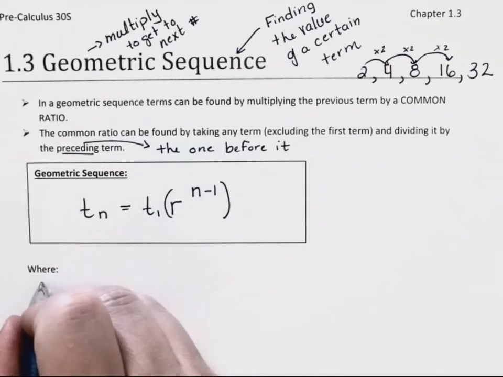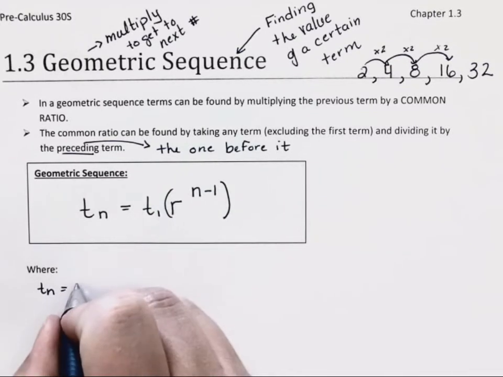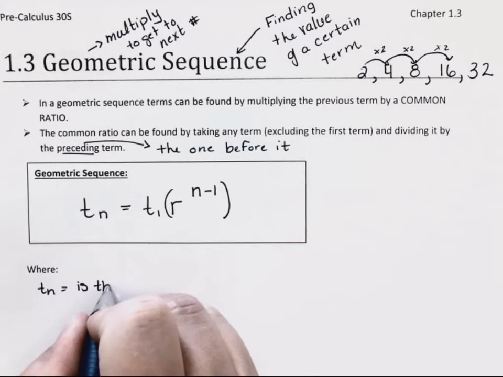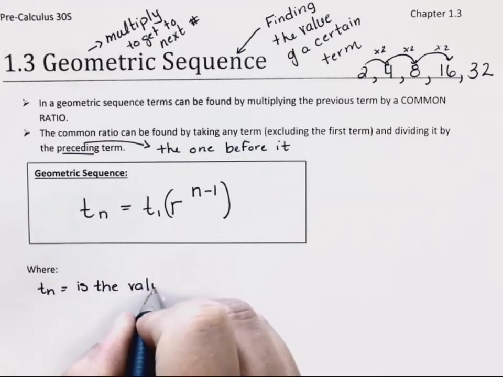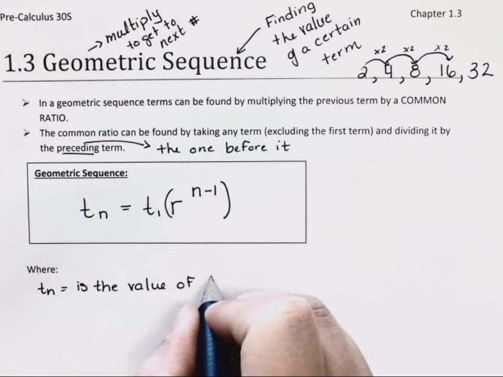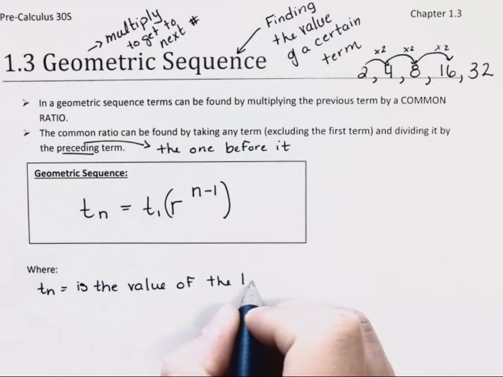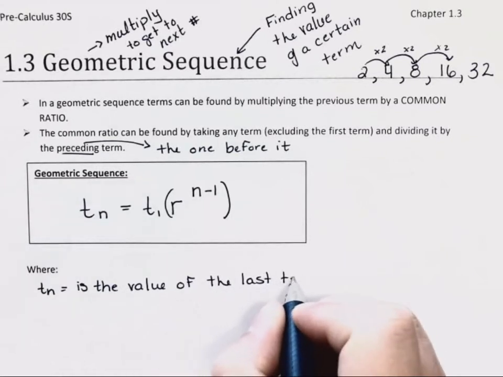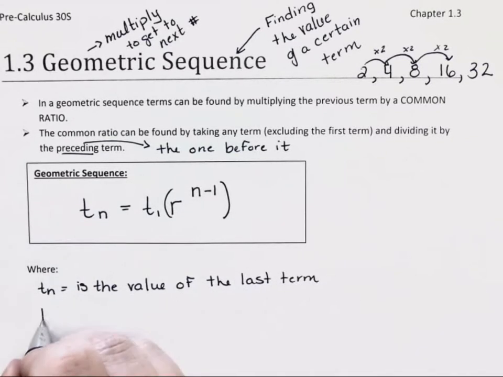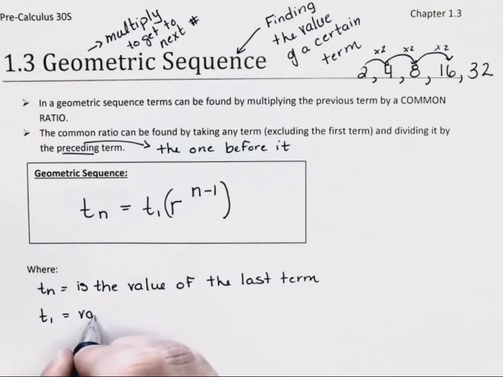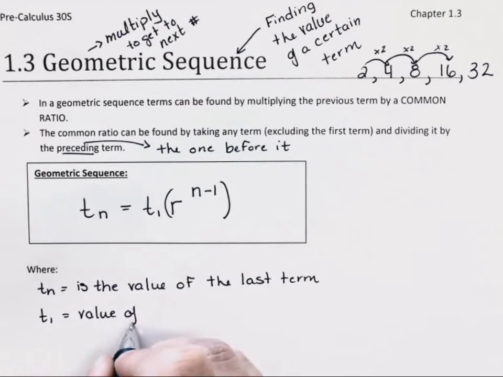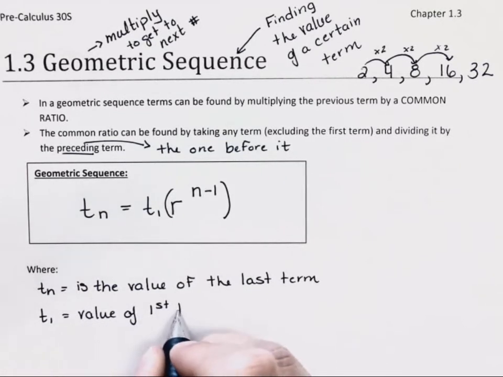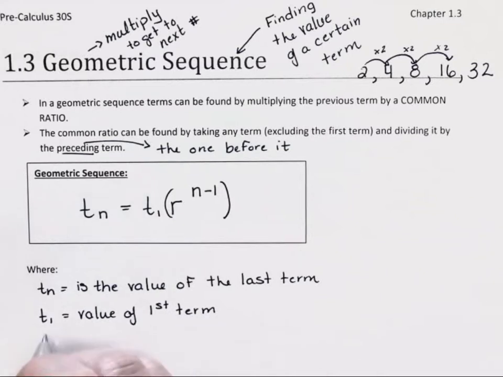All right, so Tn is the value of the last term, or the term that you're looking for. T1 is the value of the first term. r is your common ratio.